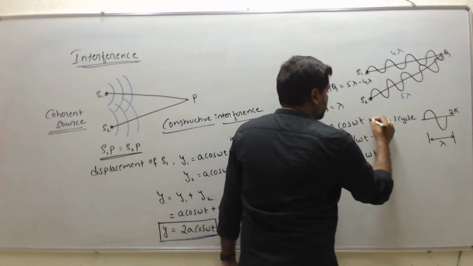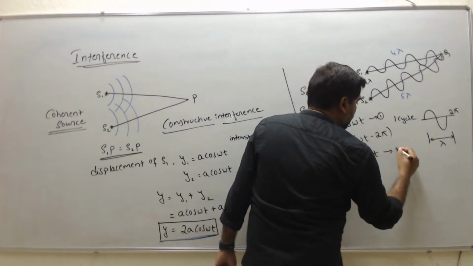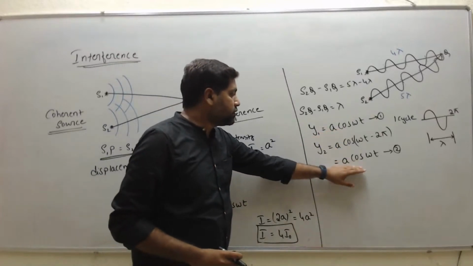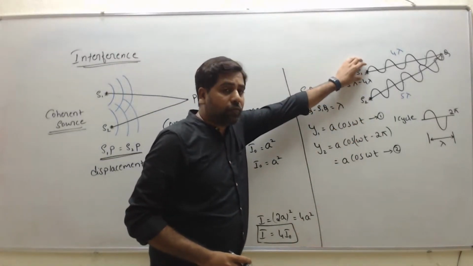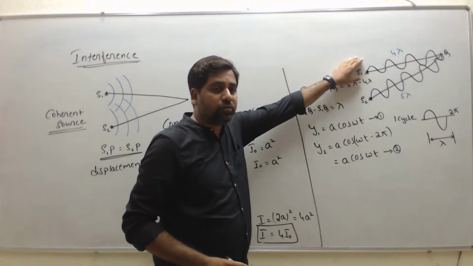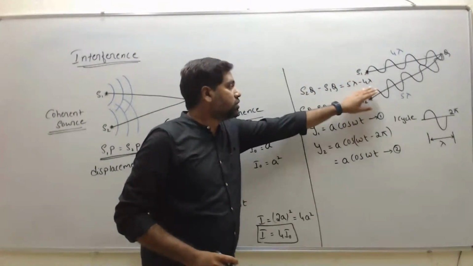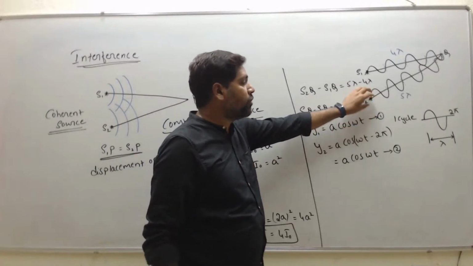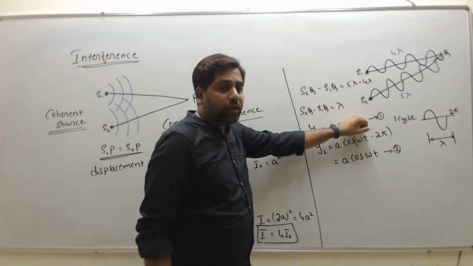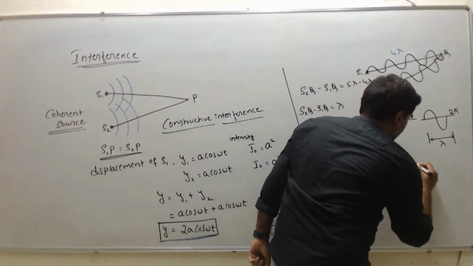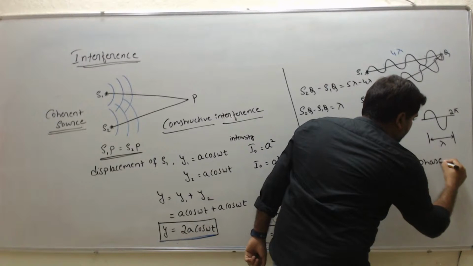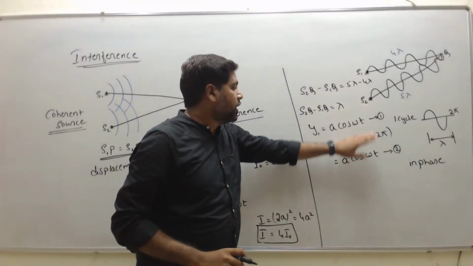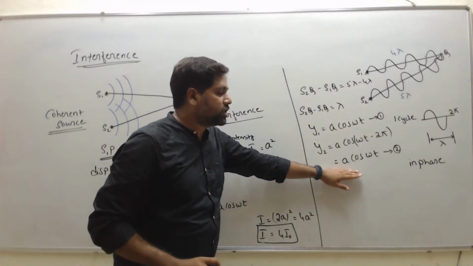So if you observe, the equation y1 is equal to the equation y2. This indicates that the waves produced from the source S1 are equal to the waves produced from S2. So these two are in phase, that is, these two sources are vibrating with a constant phase, hence we get the same displacement equation.